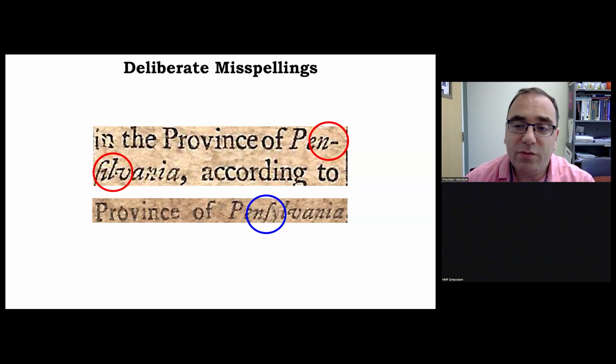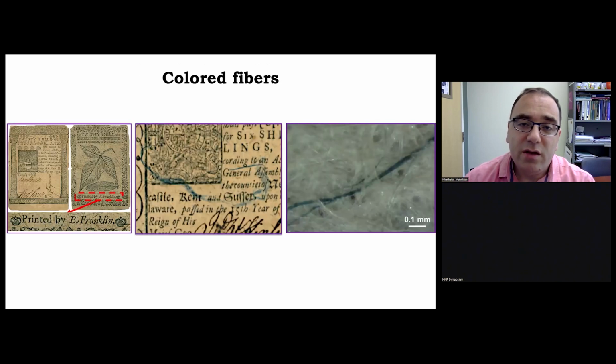But then probably this also wasn't a very good strategy. Later on, he came up with other ideas, that maybe incorporating some very tiny fibers inside the paper itself could help to distinguish the bills. You could see this idea develop later on.